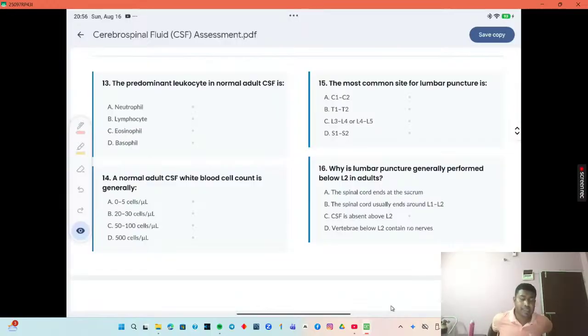The right answer of this question will be lymphocyte. The predominant type of white blood cell in normal adult CSF is lymphocyte.